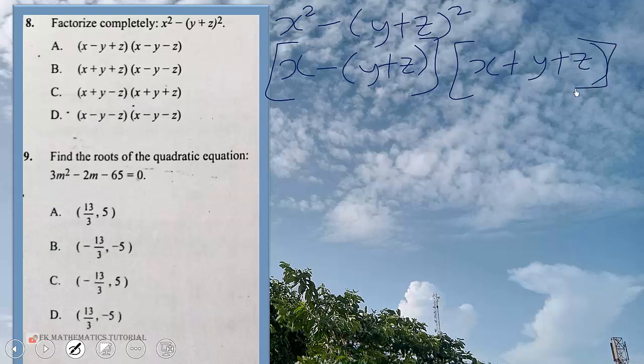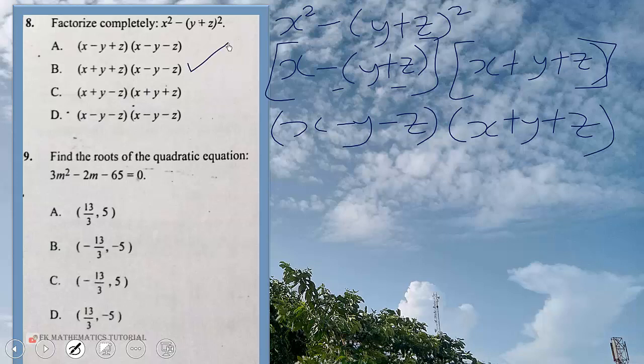When we expand this, we get (x minus y minus z) times (x plus y plus z). So x plus y plus z, x minus y minus z. The correct answer is option B.